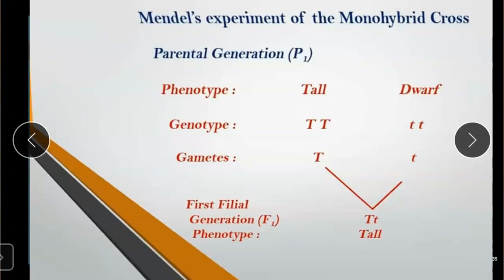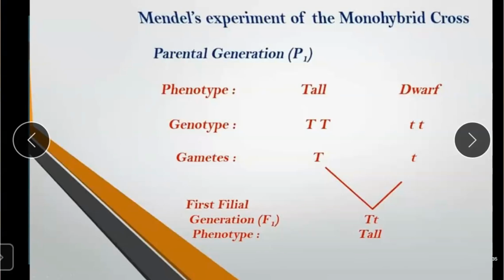Then see the table here. You can see that the gametes capital T and small t are pairing, and we got most of the offspring as tall plants. One more thing I want to explain is that the experiment has been presented by the Punnett square method.